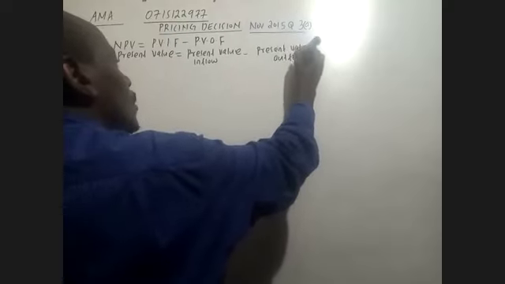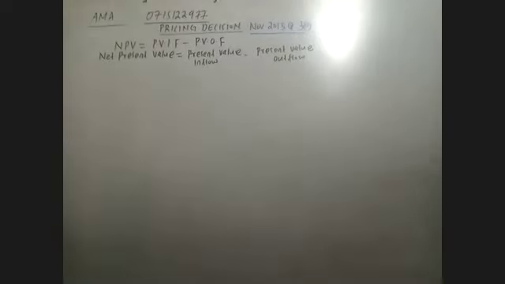Yani hakuna kabisa. Okay, ni sawa. Let me find it. Ndio. Where is it? So nimepata. So just let me read it. Because you have refused. You have refused to read.